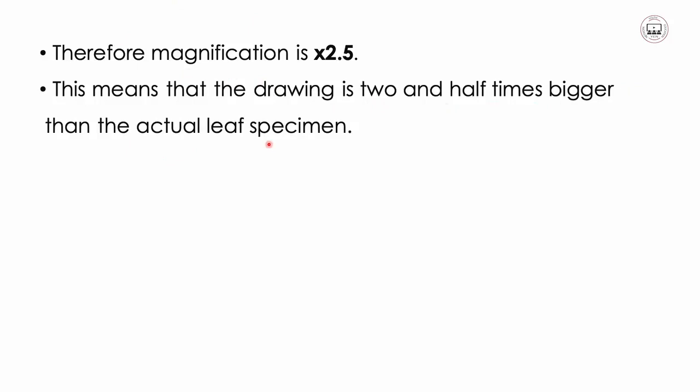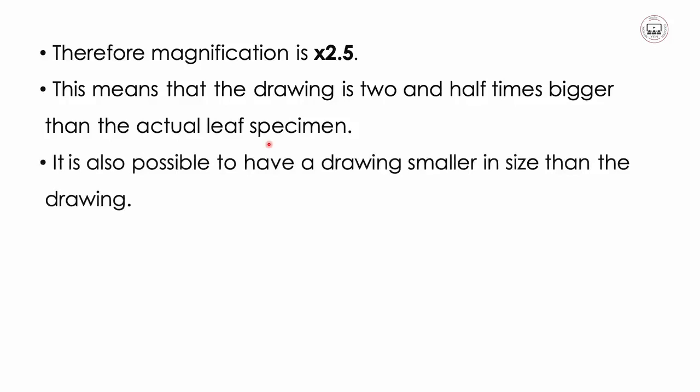So that is what you need to know. Again, it is also possible to have a drawing smaller in size than the specimen. Still, you need to indicate that number and how much smaller it is.